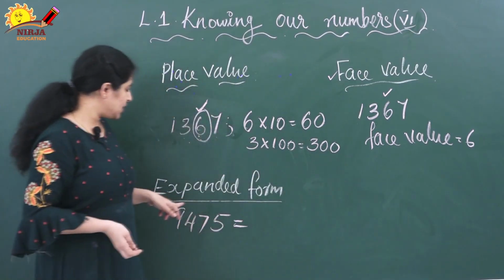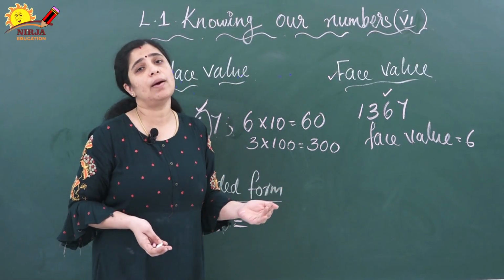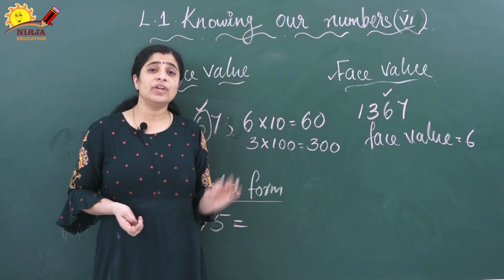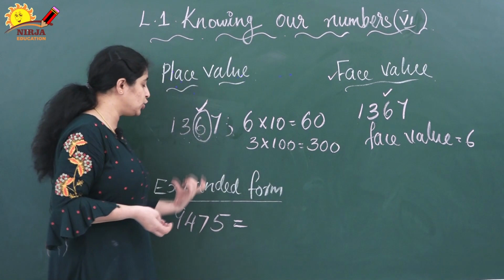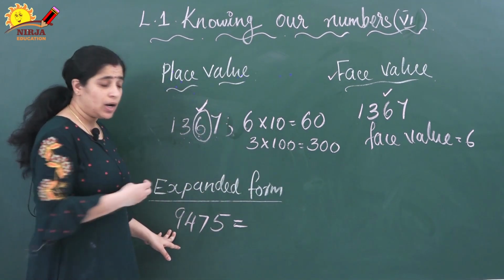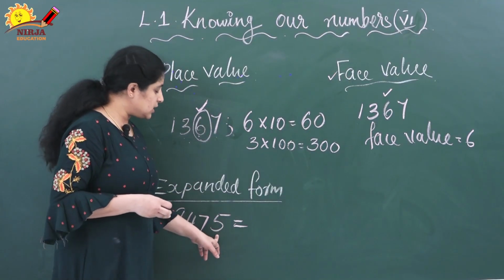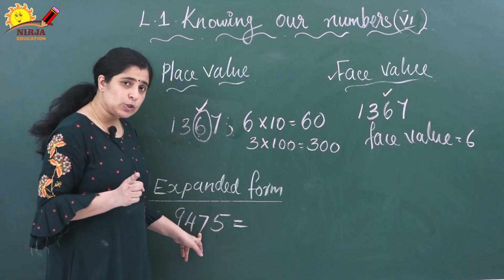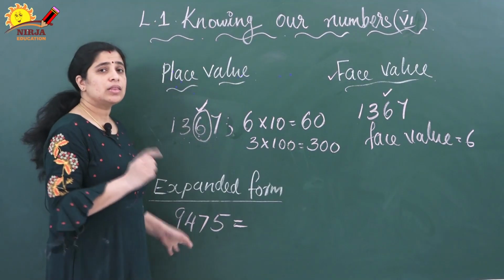Next we are going to the next one, that is expanded form. Expanded form of a number. When you write the number as the sum of the place values, then it is in the form of expanded form. I have written one example. We will write it in the form of expanded form. Consider this one. 5 is in ones place, 7 in tens place, 4 in hundreds place and 9 in thousands place.